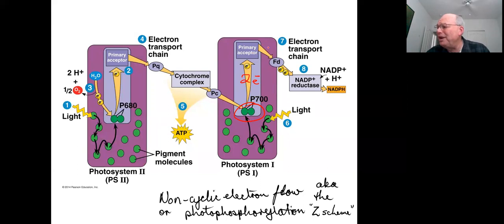Remember, it's more electronegative, so it captures the electrons. It passes that off then to a protein called ferredoxin. It's got iron in it, hence the ferri part of it. So this is an iron-containing protein called ferredoxin. And the pair of electrons are then transferred to an enzyme complex called NADP reductase.